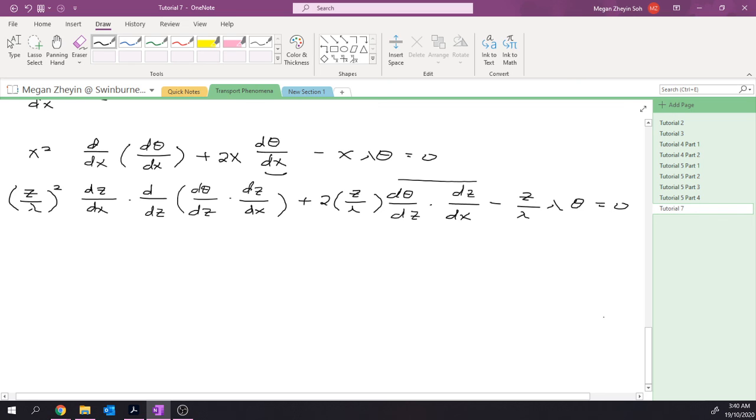Dz over dx is lambda. And over here we also have dz over dx, so this is lambda, and 2 dz over dx, this is also a lambda.